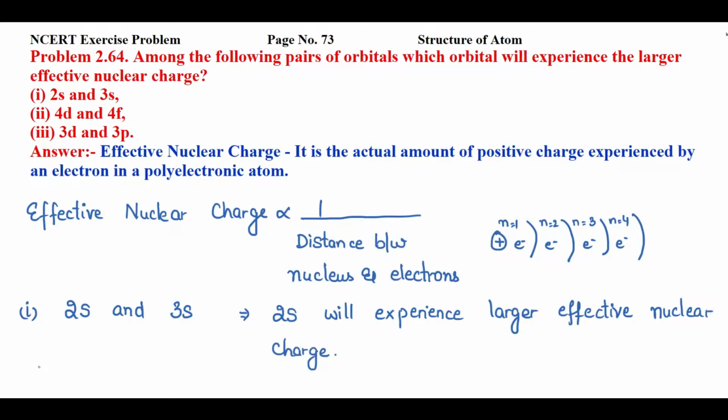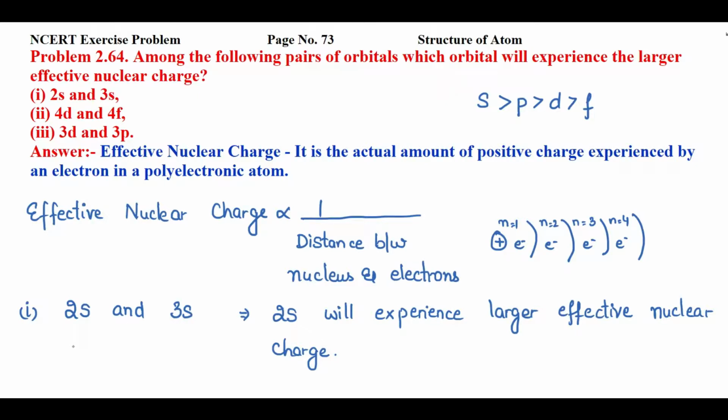Next one is 4d and 4f. In this case, we have the same orbit. Now, if you have the same orbit, definitely s orbitals are closest to the nucleus, then p, then d, and the last one will be f. That means if we consider 4d and 4f, 4d will be the nearest orbital, right?